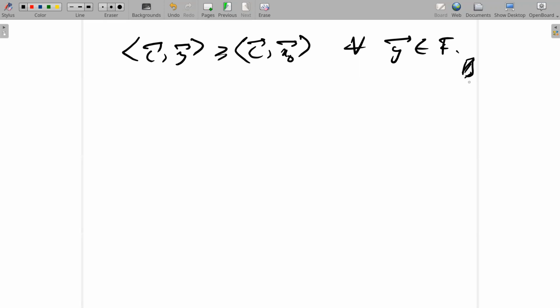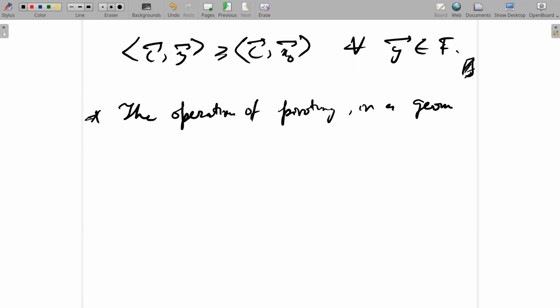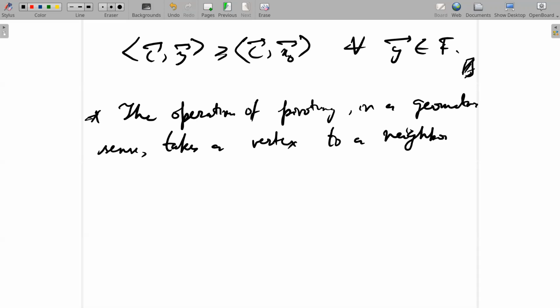All right, so let me write it out. The operation of pivoting, in a geometric sense, takes a vertex, which computationally corresponds to a BFS, to a neighboring vertex.